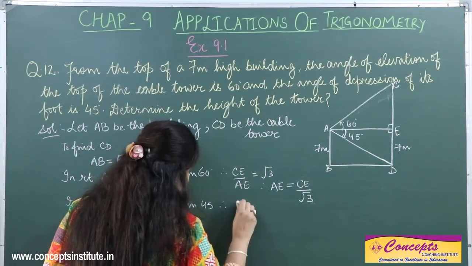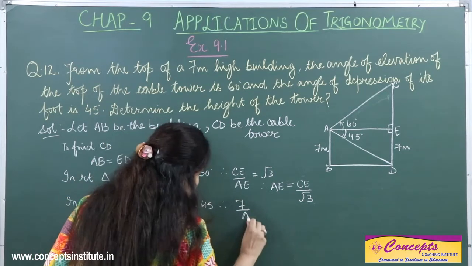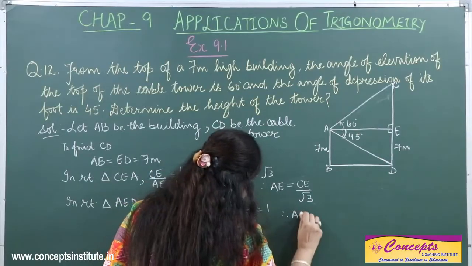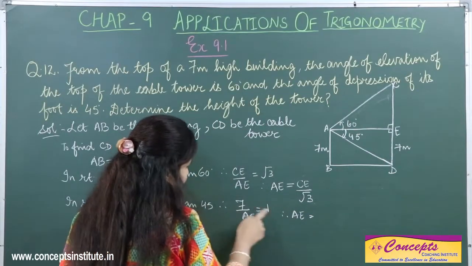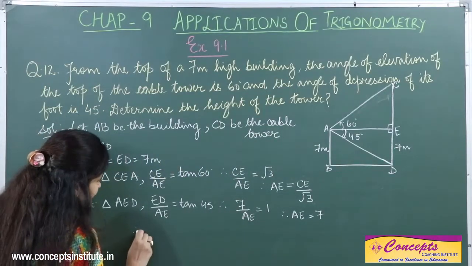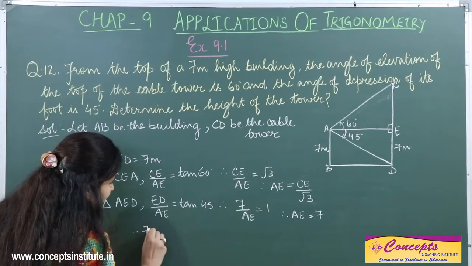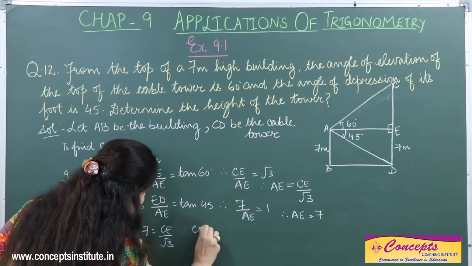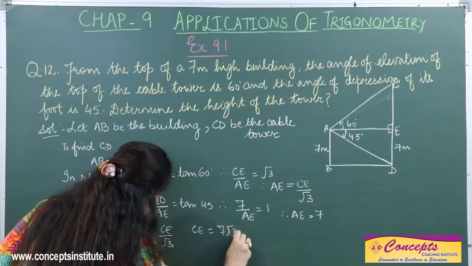Therefore now what is ED? It is 7 upon AE, and we know that tan 45 is 1. So therefore what does AE come out to be? AE comes out to be 7, right? So therefore 7 equals to CE upon root 3. So therefore CE comes out to be 7 root 3.